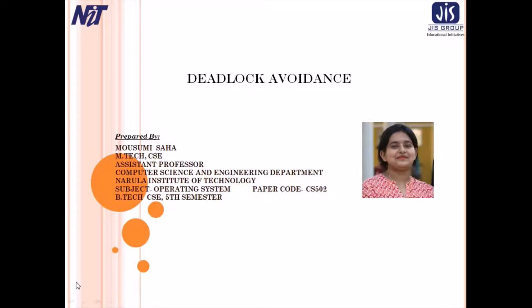We already saw that there are three principal methods for dealing with deadlock. One is to use some protocol to prevent or avoid deadlock and ensure that the system will never enter a deadlock state. Another is to allow the system to enter a deadlock state, then detect it and recover. The third is to ignore the problem altogether and pretend that deadlock will never occur in the system.